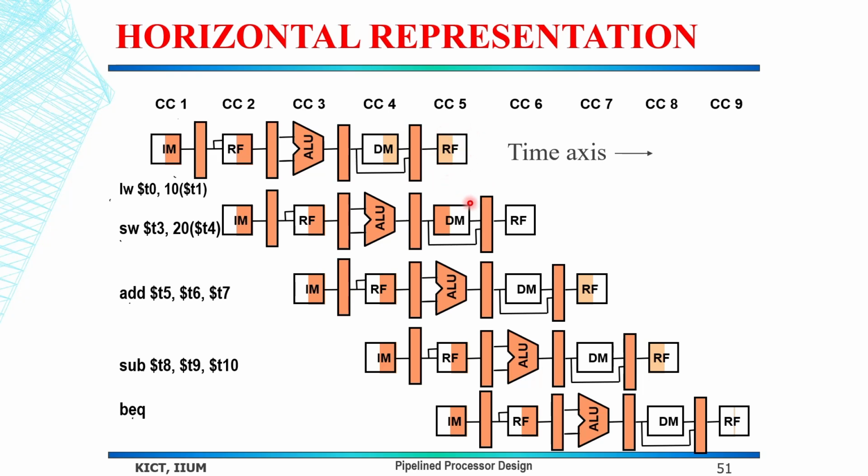Okay, so this diagram actually shows the assembly line and each action. Because time flows horizontally, from left to right across each clock cycle, each instruction's progress is shown as a horizontal sequence. So that's why this is called horizontal representation.